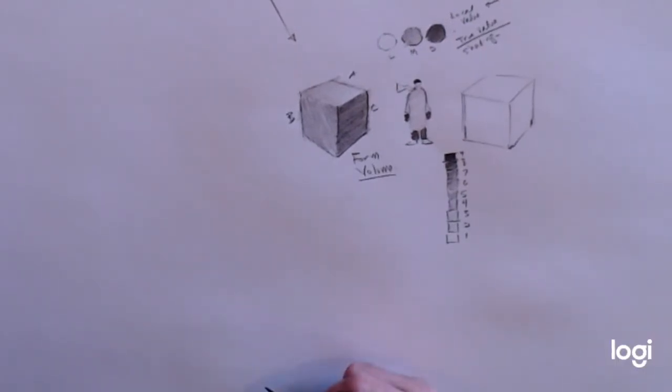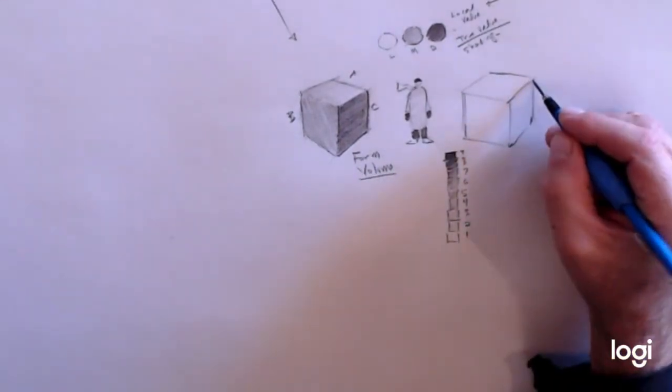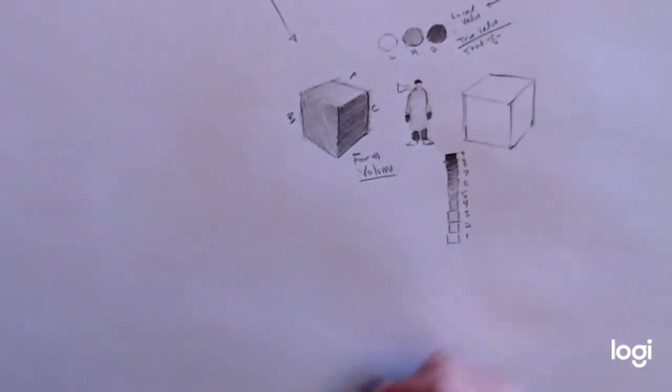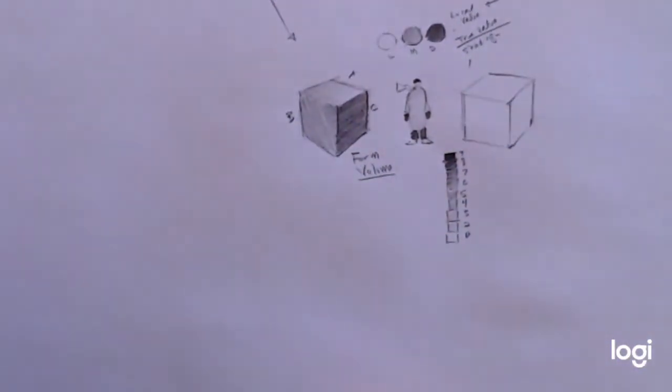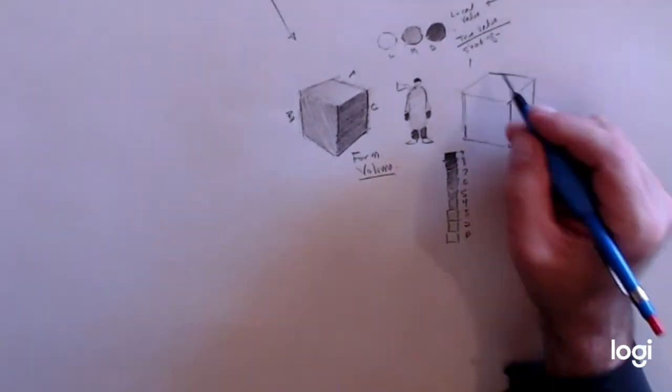Okay, so here's what you do. You take the value of the object. So let's say that the value of the object is a 1, okay? So you take the value of the object and you subtract it from 9.